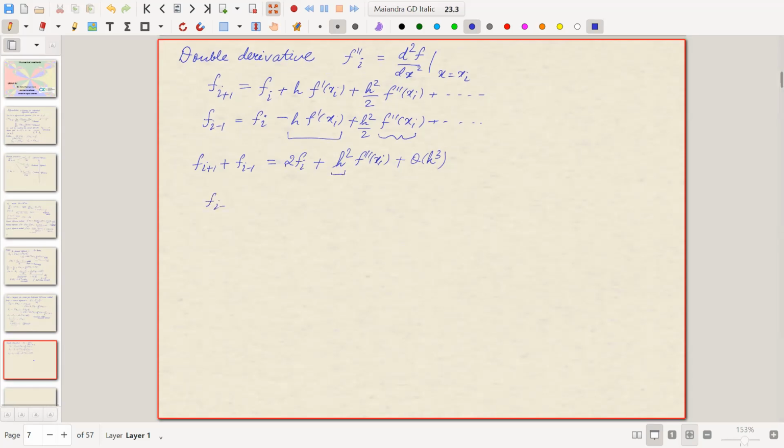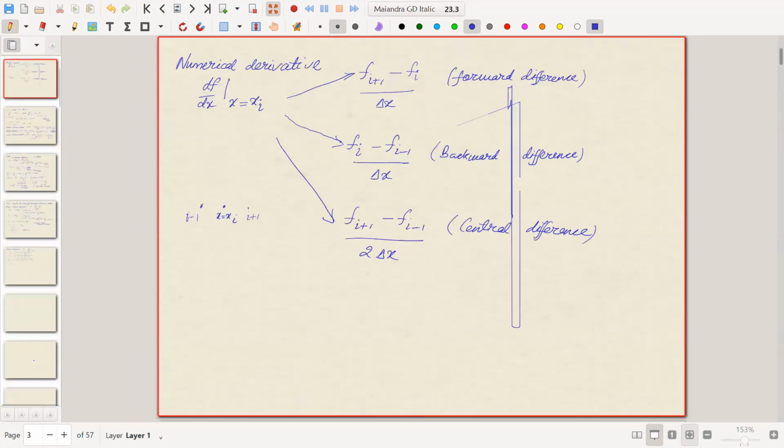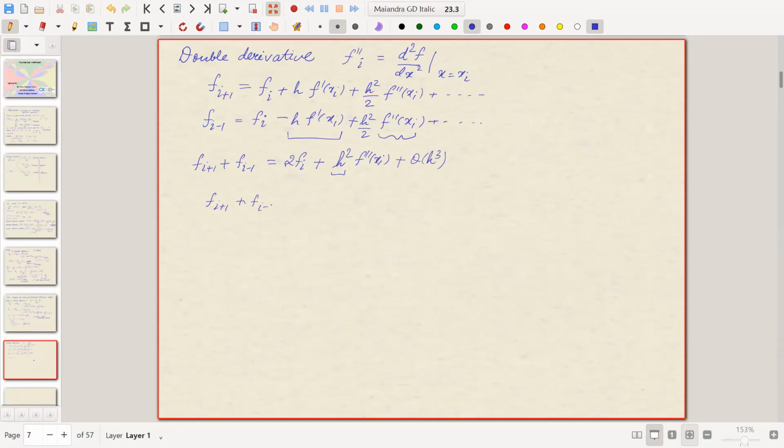So f(i+1) plus f(i-1) minus 2 f of i, by h square, equals some order of h cube term. Can anyone correct me? What will be the term? We are dividing by h square, so it will be h, right?